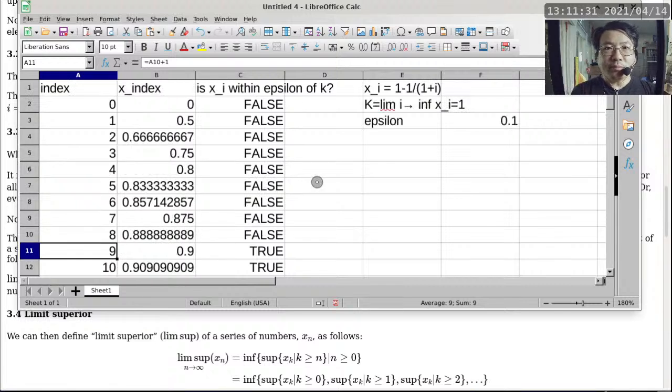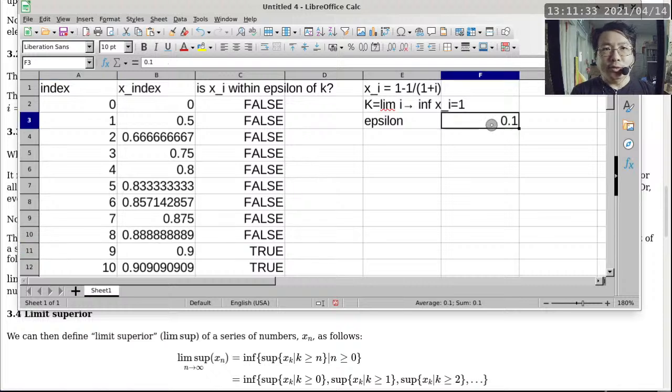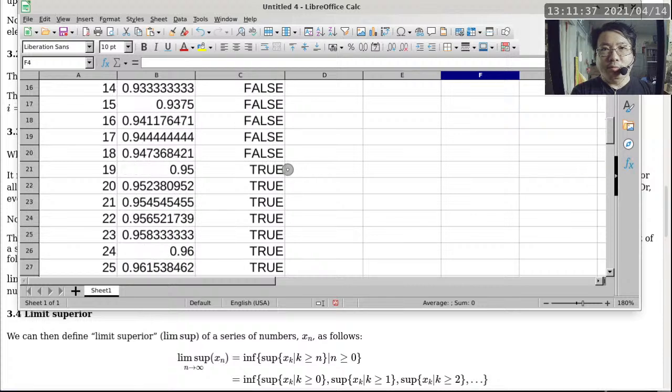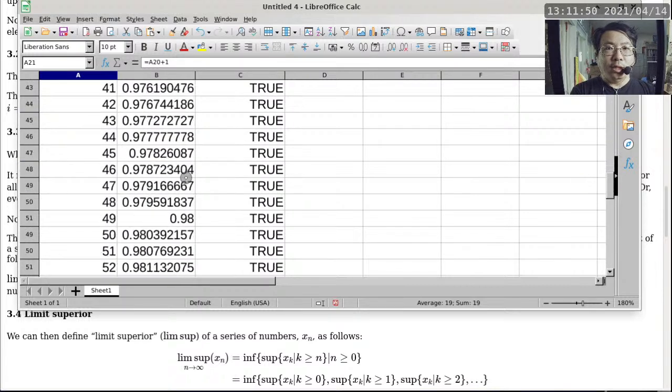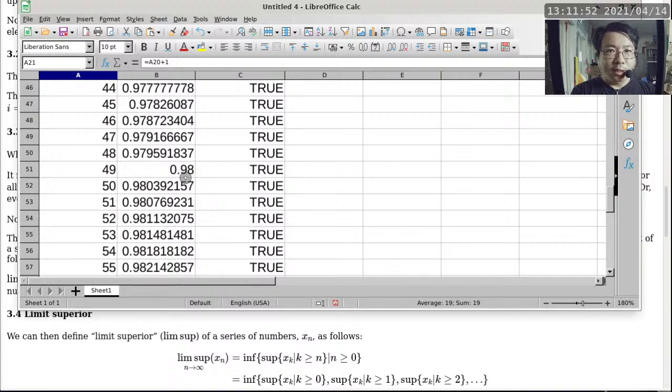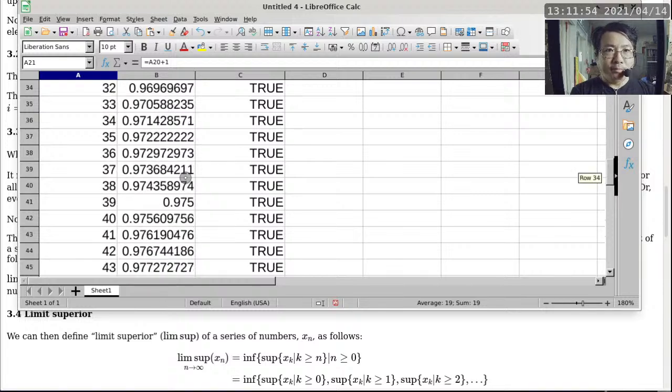On the other hand, if you make this even smaller, like 0.05, we move it down a little bit more. Starting at m equal to 19, everything including m subscript 19 and everything after that is within 0.05 away from the limit.